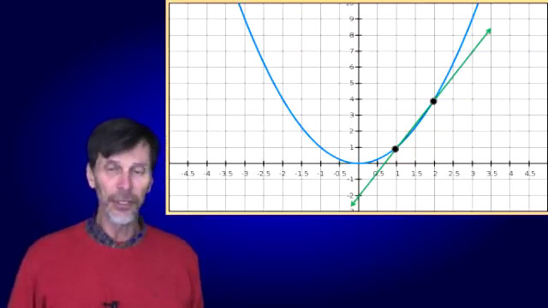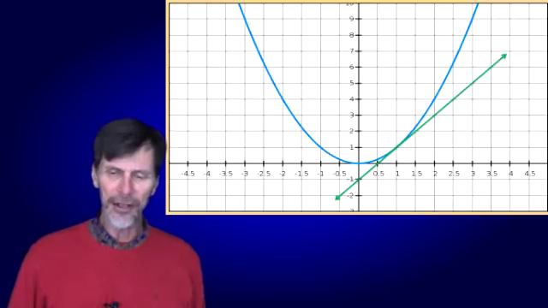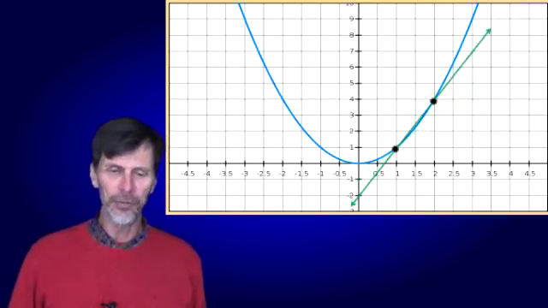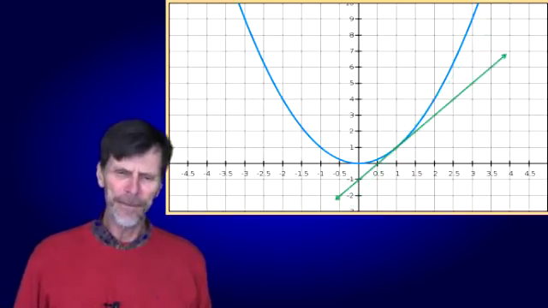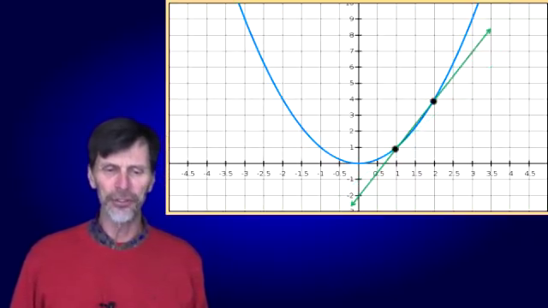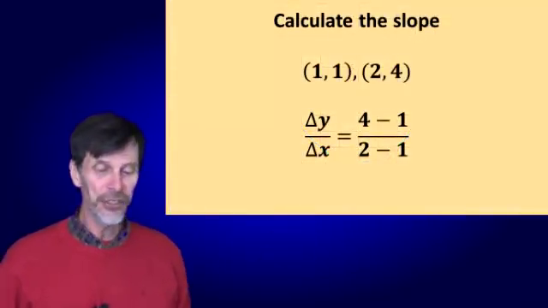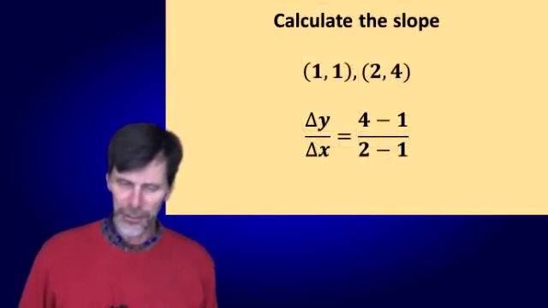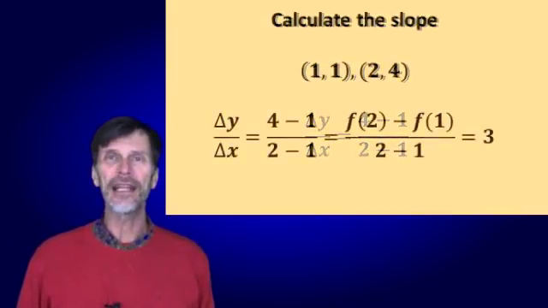One more time, here's the look at the actual tangent. Notice that the slope that I'm going to calculate here, using what's known as a secant line, is going to be slightly taller, so it's going to be a little bit bigger number. So using change in y over change in x, I have 4 minus 1, that's the change in y, over 2 minus 1, that's the change in x. And I found the slope of that secant line.